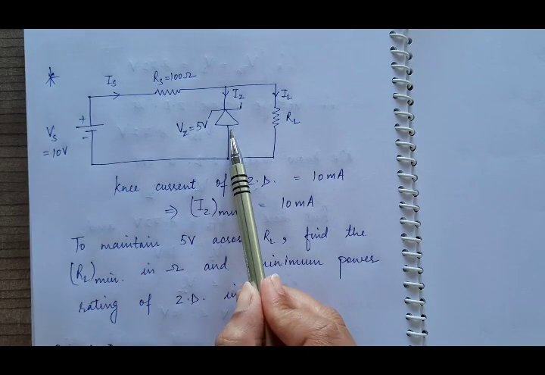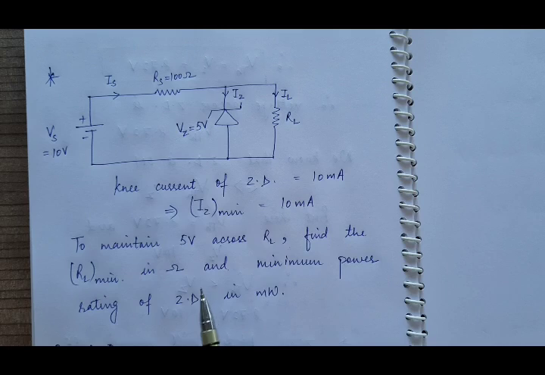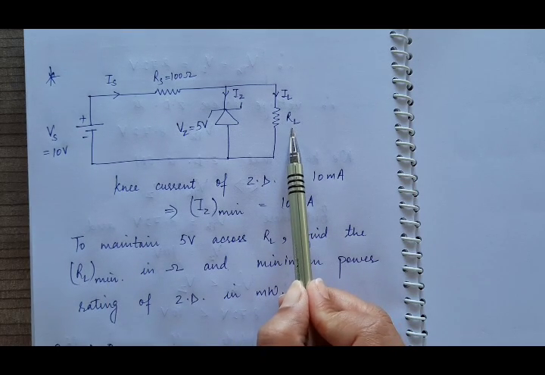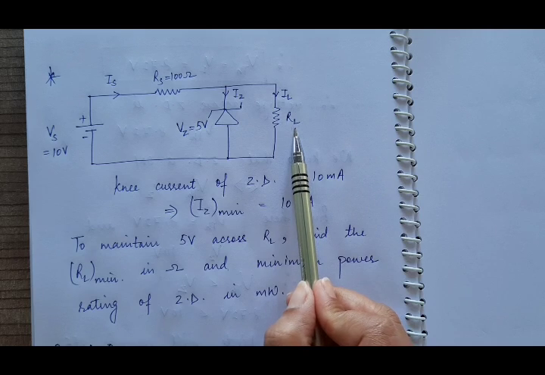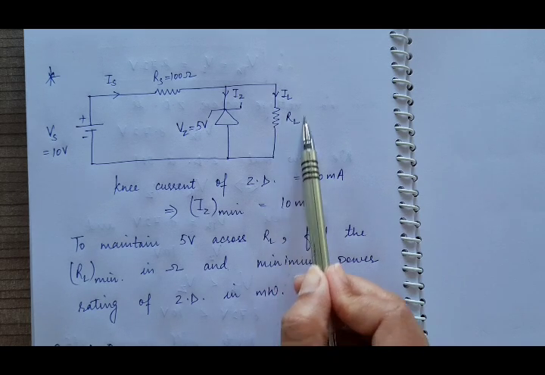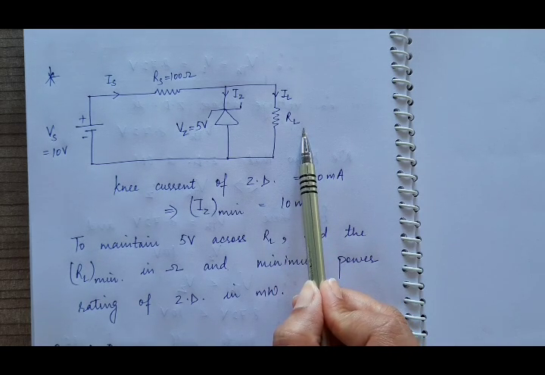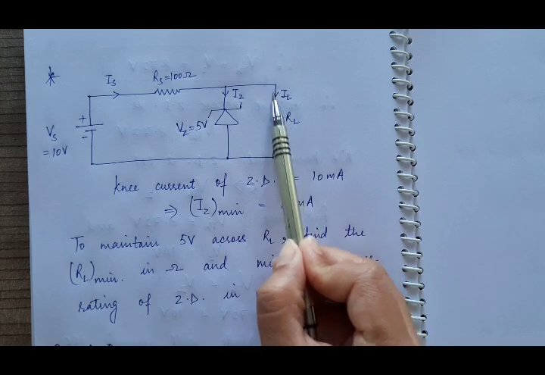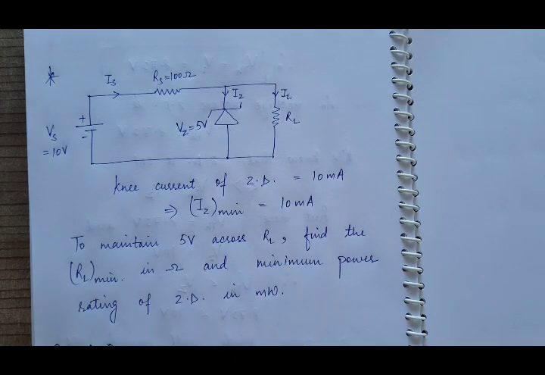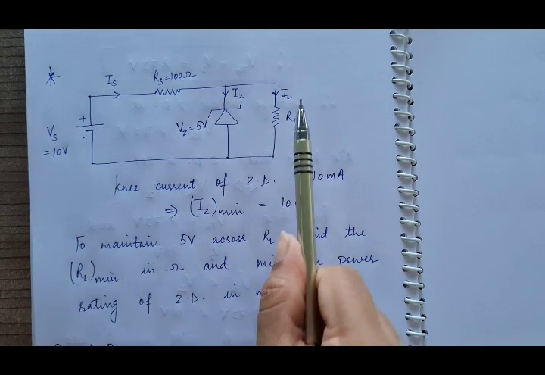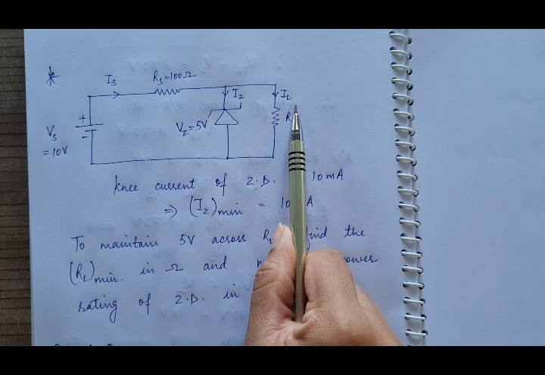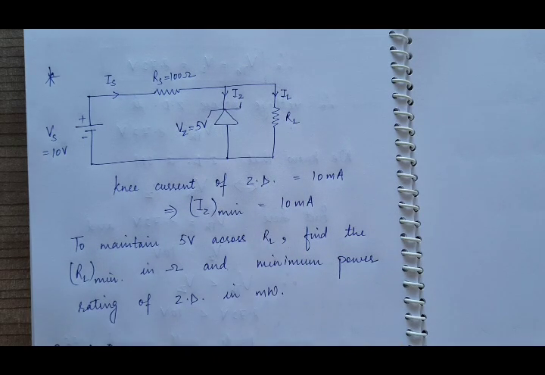The Zener voltage is fixed, and we have to find the minimum value of load resistance. It means the load resistance is variable, so with the variation in load resistance, IL will vary. Is is fixed, but IL is variable. It means Iz is also variable.